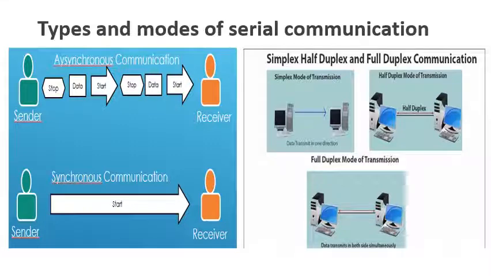Let us start our discussion with the types and modes of serial communication. Serial communication can occur in two ways: asynchronous communication and synchronous communication. Asynchronous communication, as the name suggests, does not use a synchronizing clock signal when transferring data.